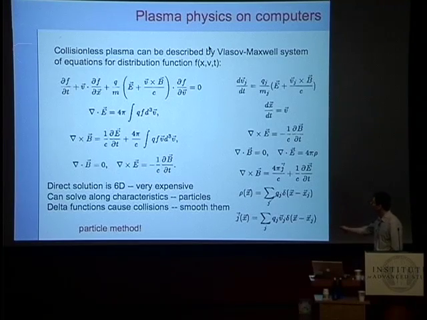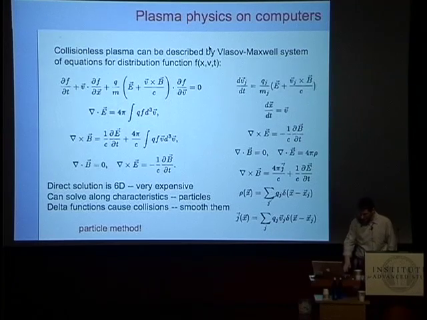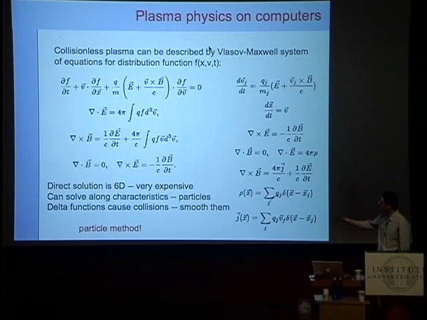And coupled with this are equations for the evolution of the electric and the magnetic field. The divergence of the electric field is just given by the charge, and that's just the first moment of the distribution function. We take the velocity moment of the distribution function, integrate velocities out, and we get the density. That's your Poisson equation. For Ampere's law, we have here the current, and the current is a velocity moment of the distribution function, so v times f, integrated over the velocity.